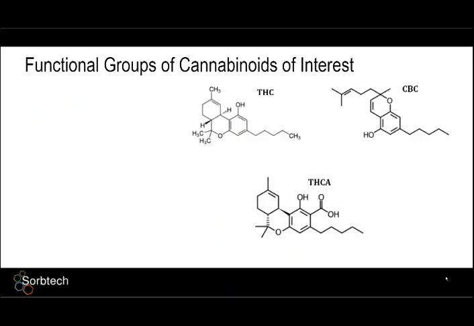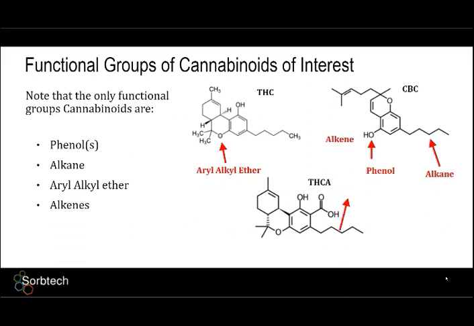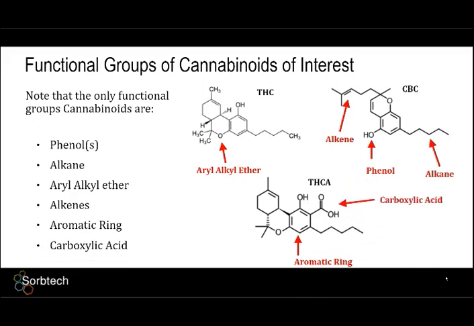So let's look at the functional groups of the cannabinoids. Now, what we have in cannabinoids, and I put 3 representative cannabinoids up there, is phenols. A lot of them have phenols. Basically, they all have at least one phenol. They have an alkane group. They have an aryl alkyl ether. They have alkenes. They have aromatic rings, and some of them have carboxylic acids.